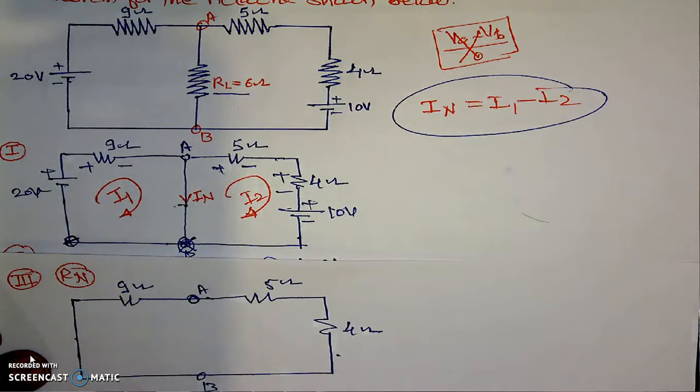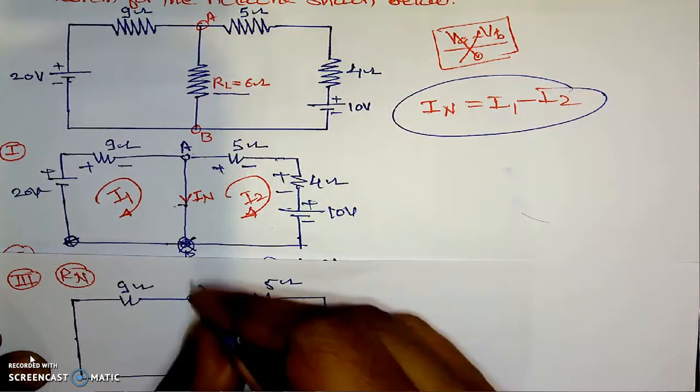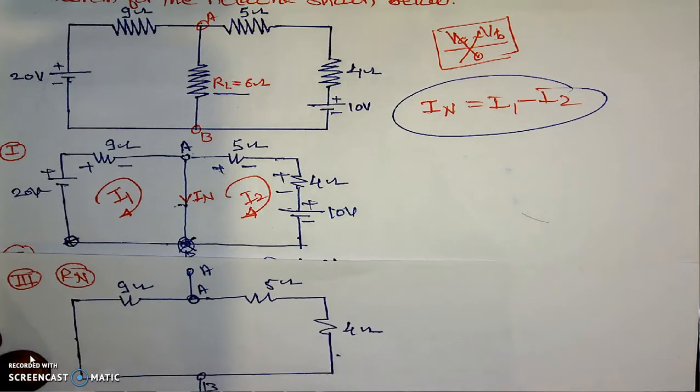Now, for beginners, there is a chance of confusion about which is series or which is parallel. For that purpose, whenever we have terminals in between, try to extend the terminals outside. This is A and this is B. Extend the terminals to avoid the confusion.